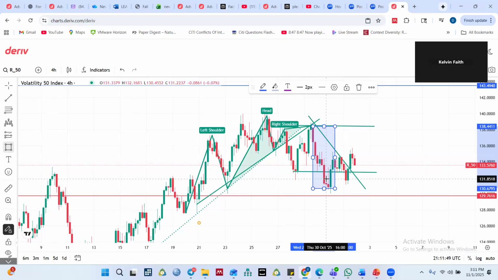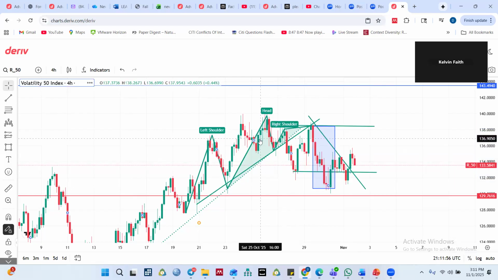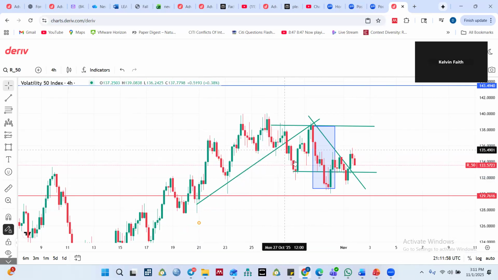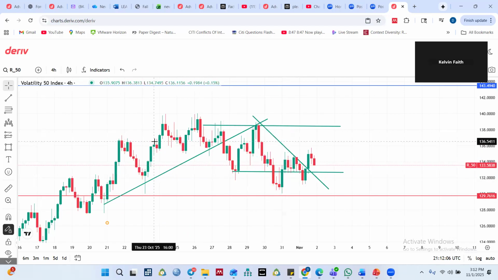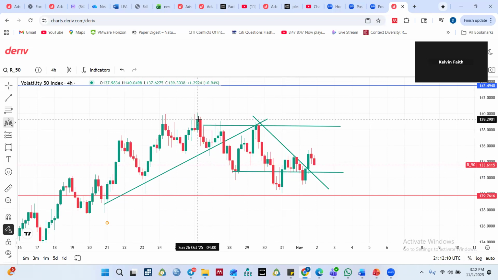But when price fell to give us the sell, it also created another head and shoulder, which is a bullish one. We can see that from this low, even up to here, a lower high.